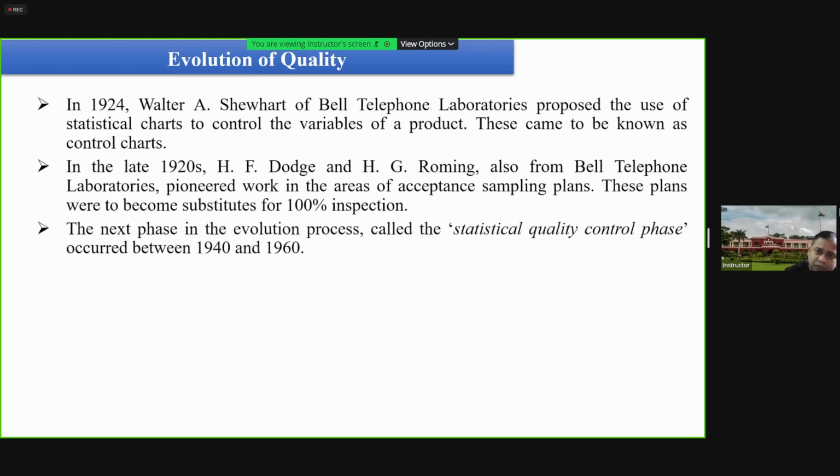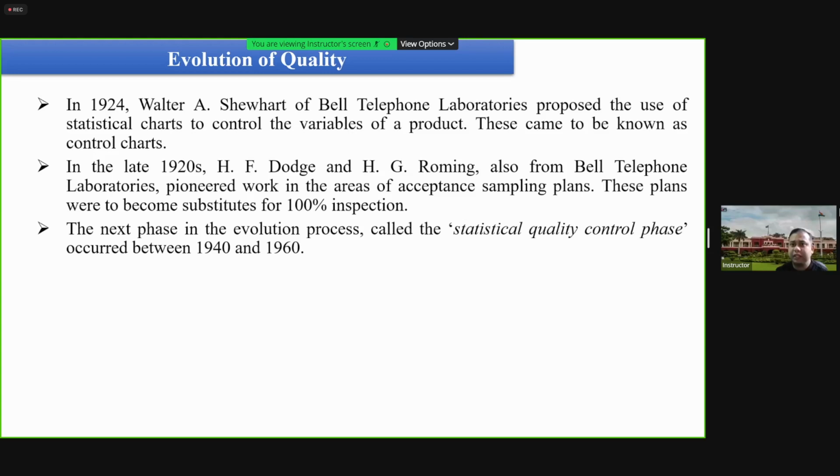Now, Dodge and Romig gave their sampling plans initially in the 1920s, around the 1930s. After that, World War II happened, and the US military also came up with their sampling inspection plans for the products they were producing for use in the war.